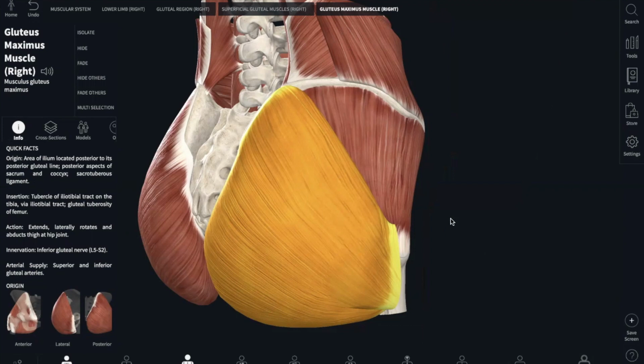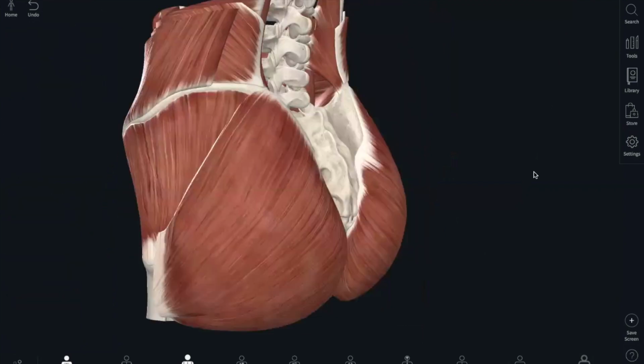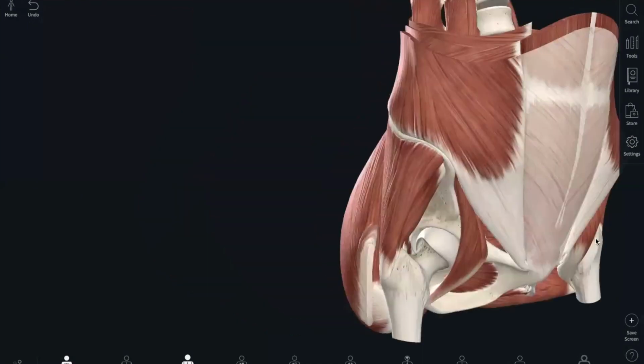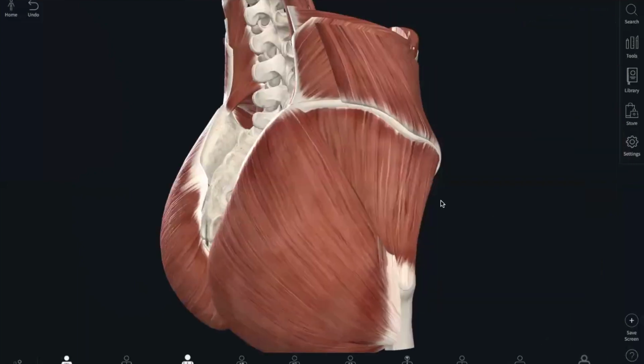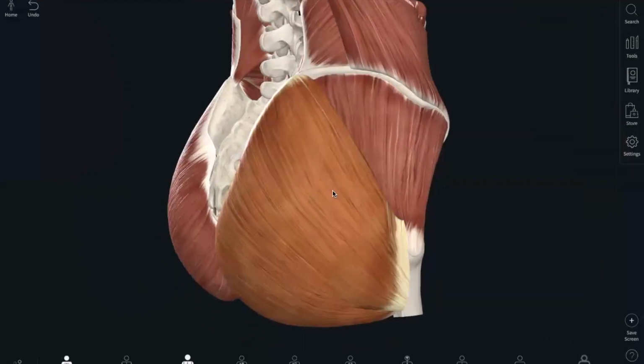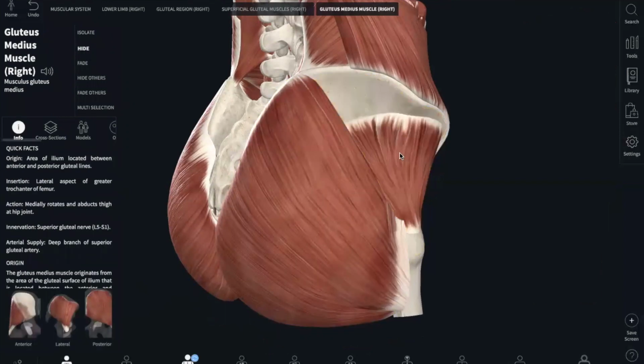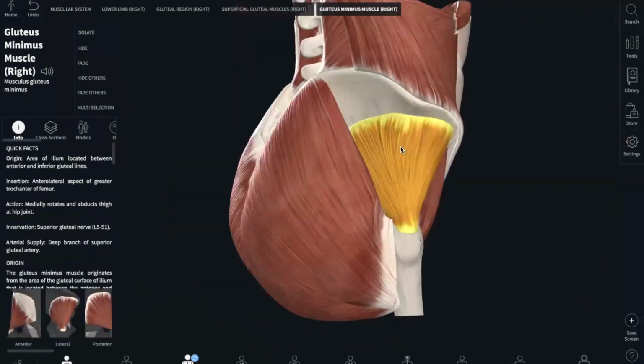The arterial supply to the muscles of the gluteal region are basically the superior and inferior gluteal artery that come from the internal iliac artery, which comes from the aorta. So for the superficial muscles, we've got the triplets, we've got the gluteus maximus, the gluteus medius, and underneath it, the gluteus minimus.